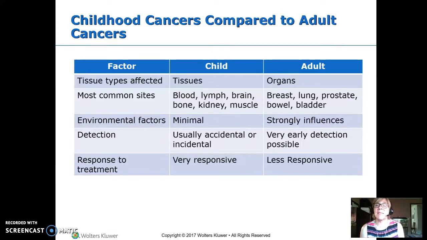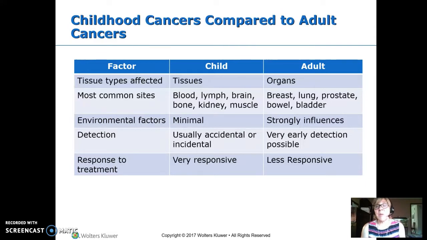Where adults, it tends to be in a specific organ, like in the breast, in the lung, in the prostate, the bowel, or the bladder. As far as environmental factors that contribute to it, minimal for childhood cancers, where it's very much a contributing factor for adult cancers. In kids, usually it's just detected because they were looking for something else.